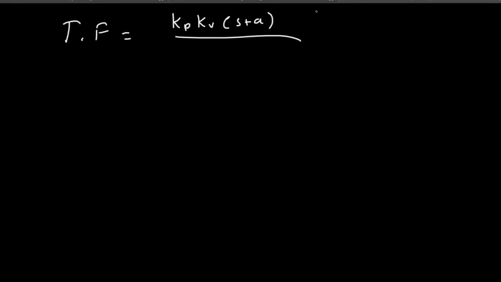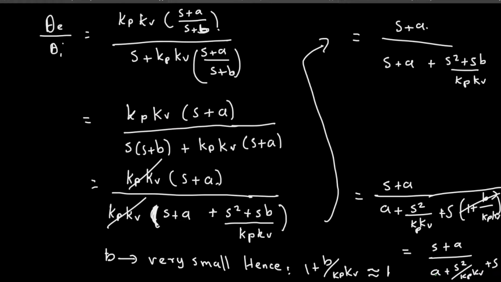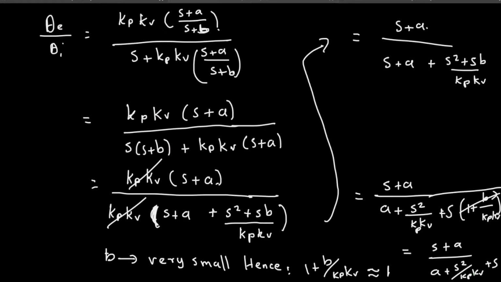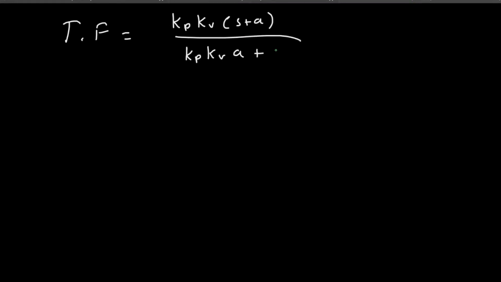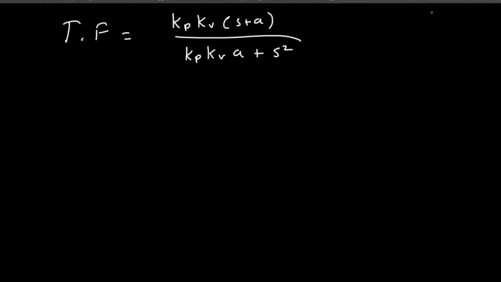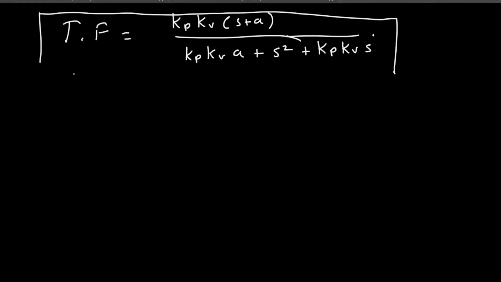And in the denominator, we are going to have kpkv times a, and plus this kpkv is going to be cancelled, so this is going to be just s square right here. And then this one kpkv times s. That is the final transfer function expression. That is for the a part.